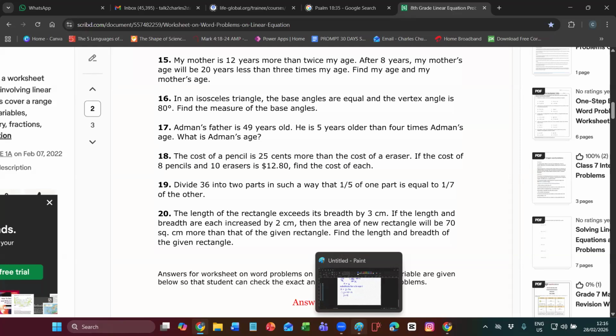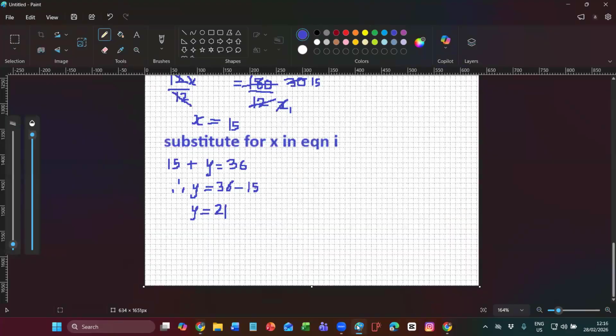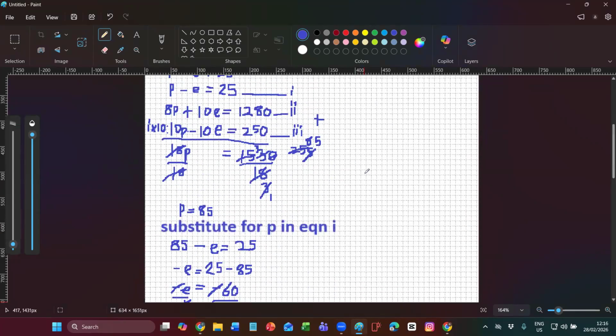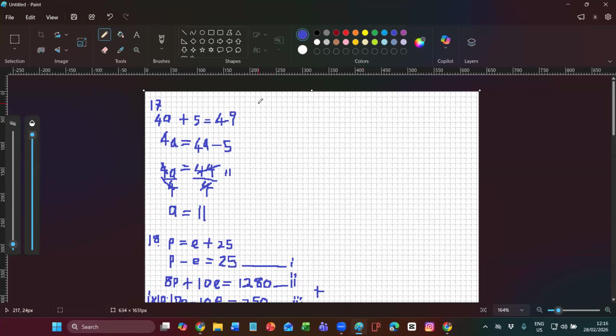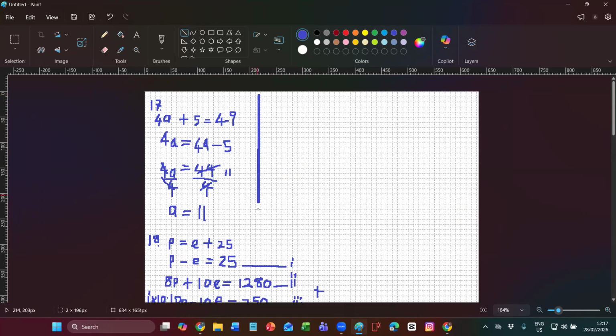Now, assuming that L is length and B is breadth, how would you represent that information? B plus 3 centimeters. Good, I fully agree with you.